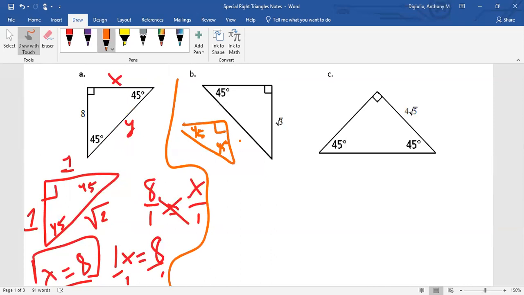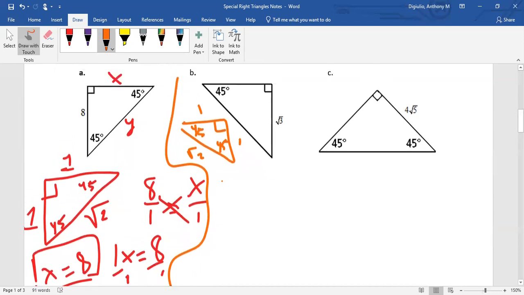And then I do a 1 across from the 45, a 1 across from the other 45, and a root 2 across from the right angle. So again, that's always in the same ratio. Now we can go ahead and set this up. I'm going to solve for x, and then I'm going to solve for y as well.